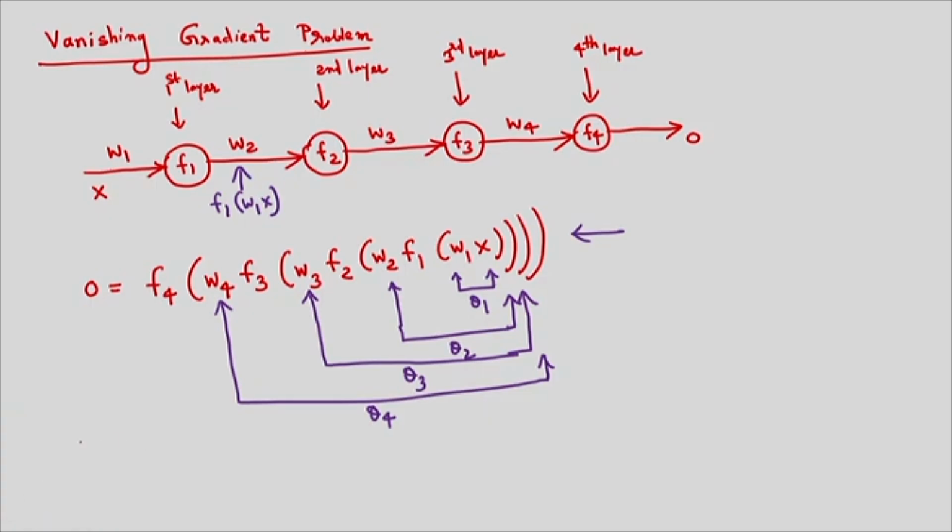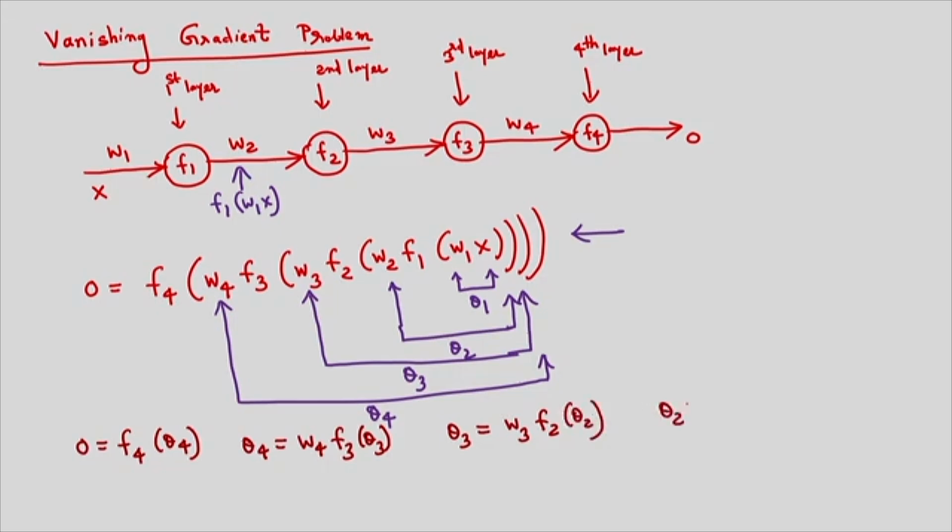The output is O. So in terms of theta, I can write like this: O is equal to F4 of theta 4. This theta 4 is W4 F3 theta 3. This theta 3 is equal to W3 F2 theta 2.